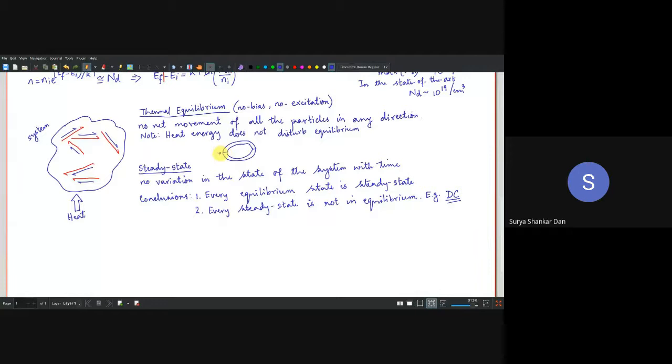Thanks to these two junctions between the two materials, there will be voltages which will be generated. These phenomena are called Seebeck effect and Peltier effect. It's not part of this course, so I am not going to go into this.